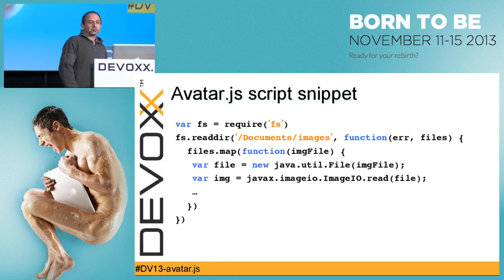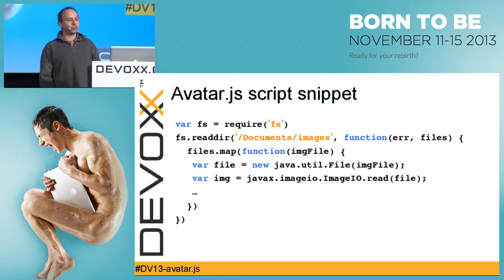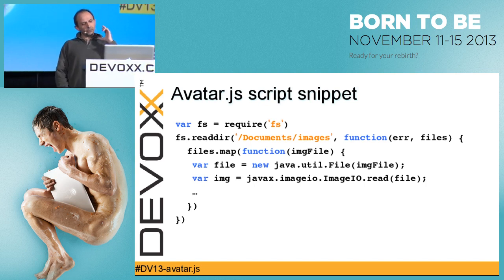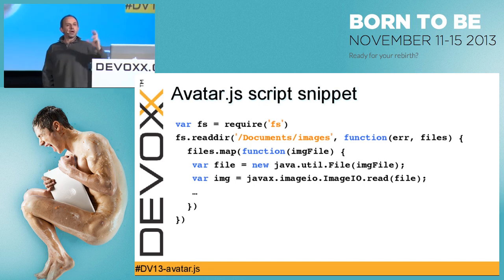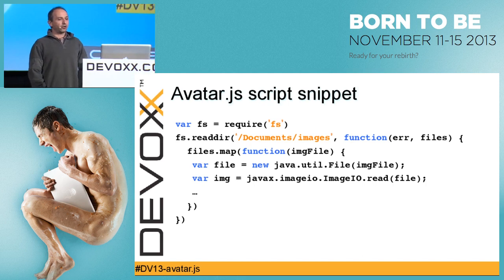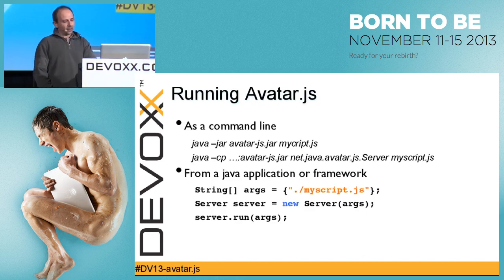There I am creating a Java file based on the image path in order to use ImageIO APIs to do some computation on my image, resize or do whatever you want. So a modular system, asynchronous programming model, Node APIs, and Java APIs. That's a summary of Avatar.js.